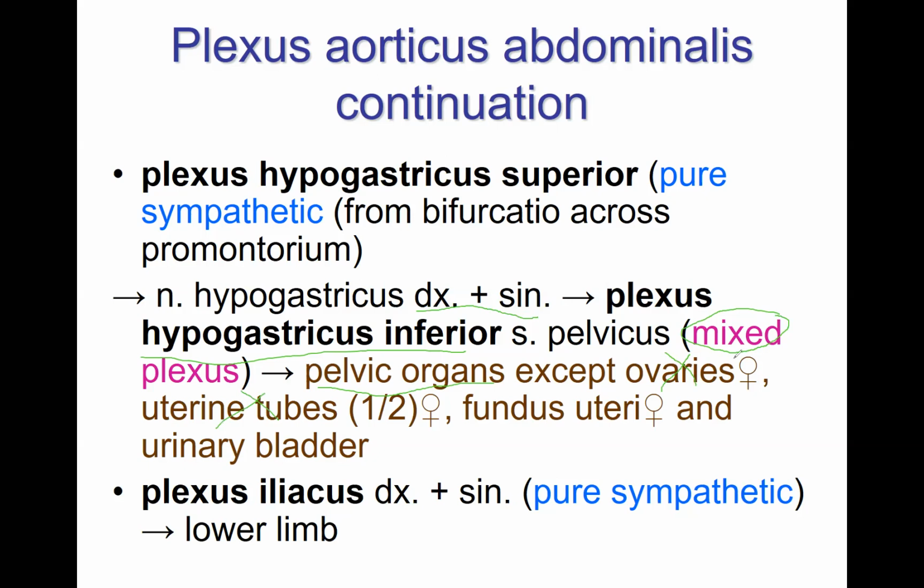Branches from ovaries and uterine tubes reach as far as the fundus of uterus and fundus of urinary bladder. They are quite long, so that's why they reach up to these two organs. But majority of uterus and majority of urinary bladder is innervated by inferior hypogastric plexus.